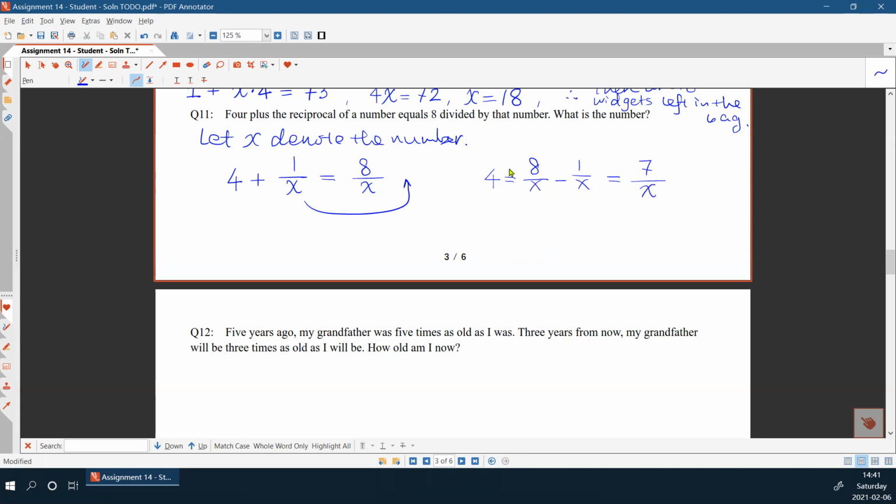And next, you know that 4 equals 7 over x. According to cross multiplication, this gives you x equals 7 over 4, right? So here, x is our number, and it equals 7 over 4. That means the number you're looking for is 7 over 4.